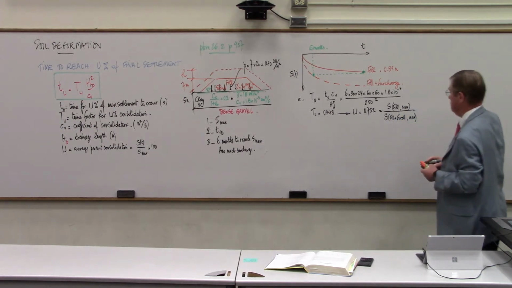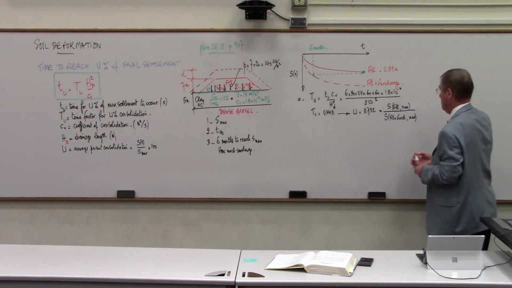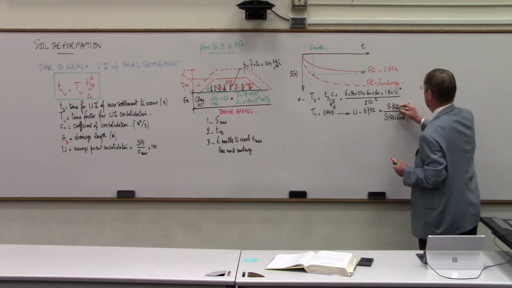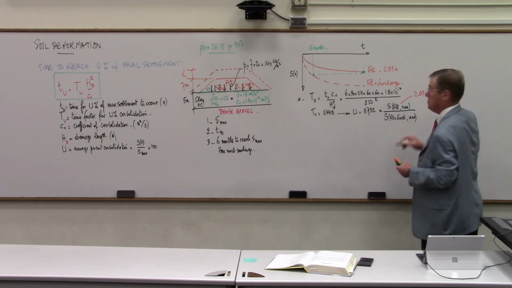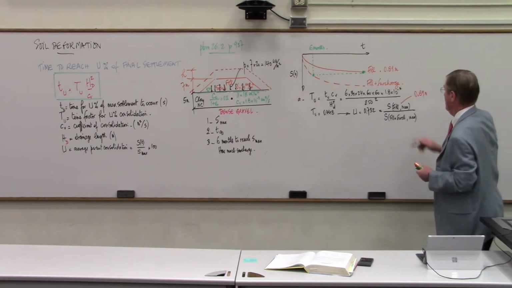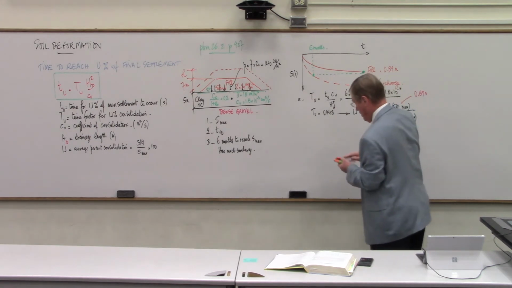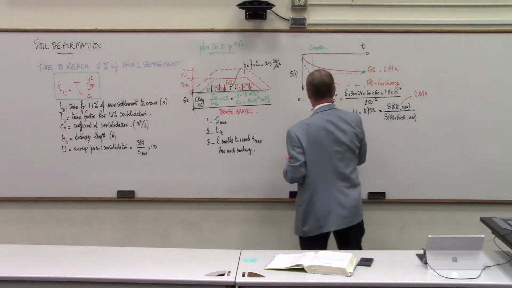Okay? I know this value, I computed it already. The maximum settlement of the fill was 0.89 meters. That's this value right there, 0.89 meters. So I know 0.89, I know 0.73. I can back calculate the maximum settlement of fill plus surcharge.